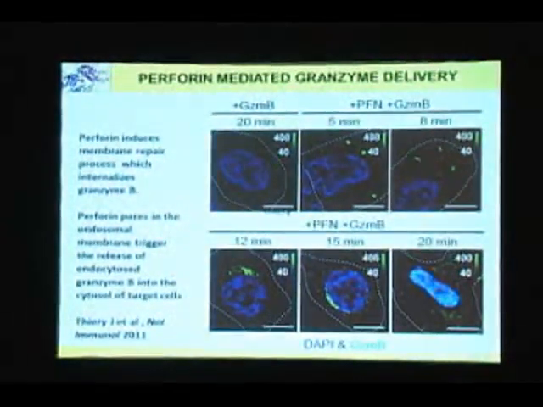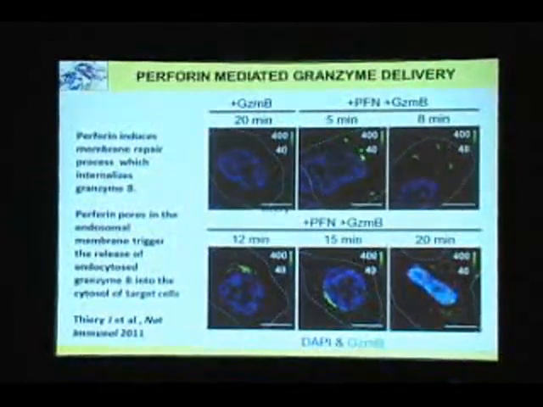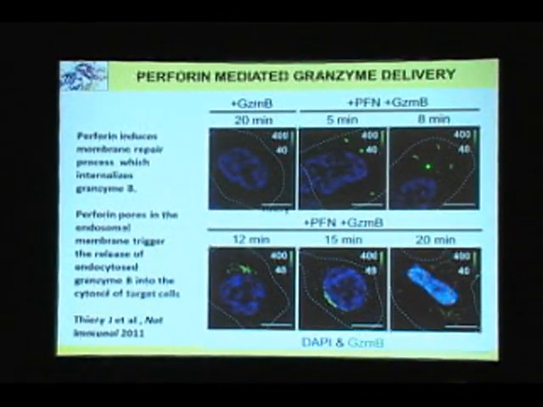and you don't get any apoptosis of the cell. This is 20 minutes. If you add perforin, you get these large collections of granzymes, and then they cluster near the nucleus, and you can see them right around the nuclear membrane, and then you end up with an apoptotic nucleus. And it shows that perforins are absolutely required for actually the delivery of the granzyme into the cytosol of the cell.